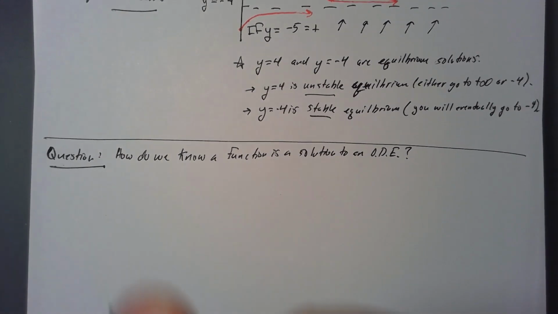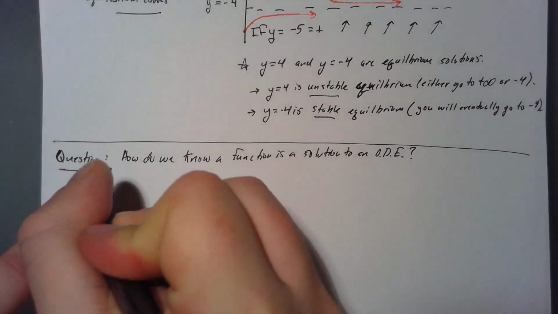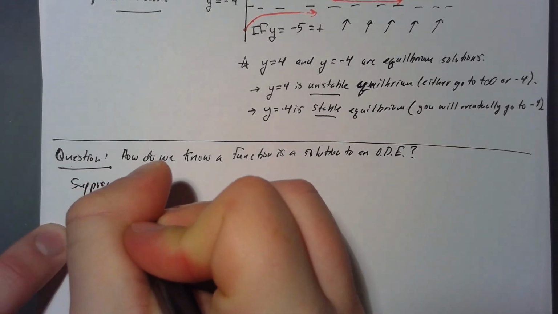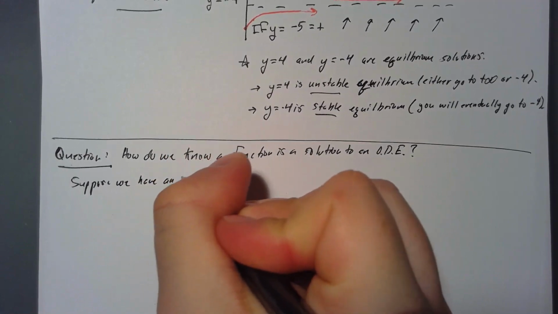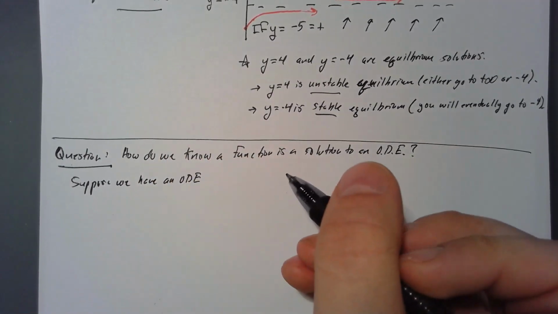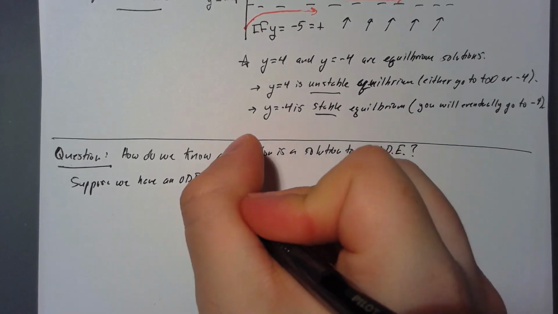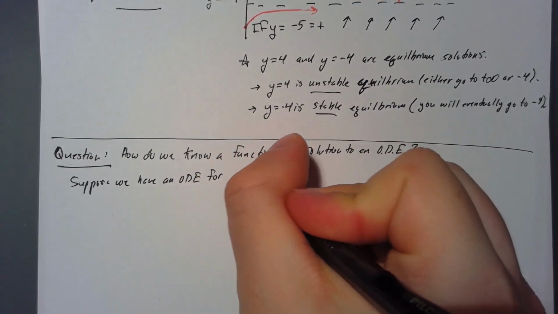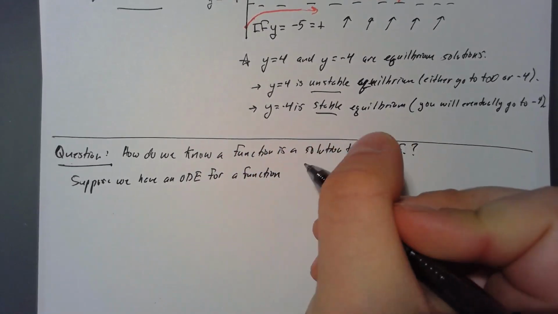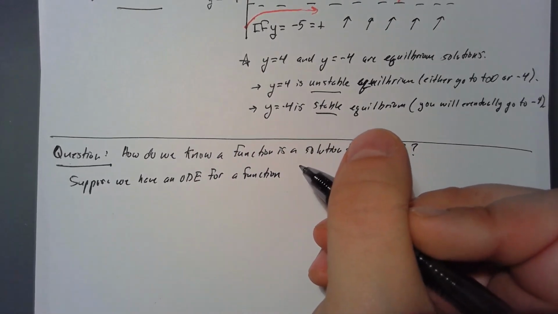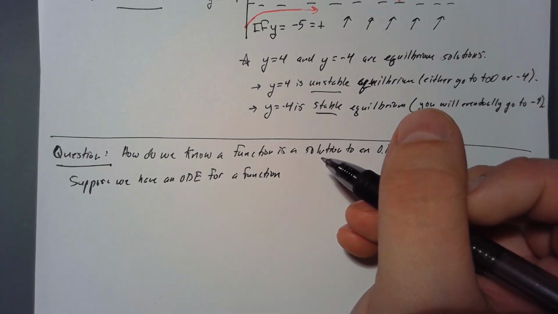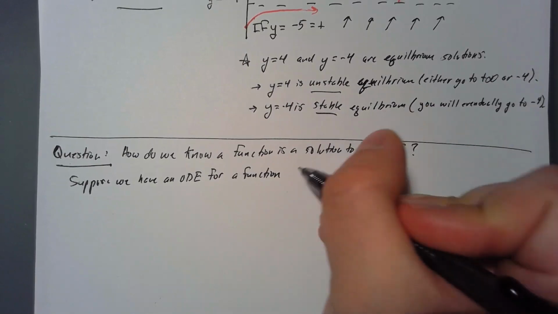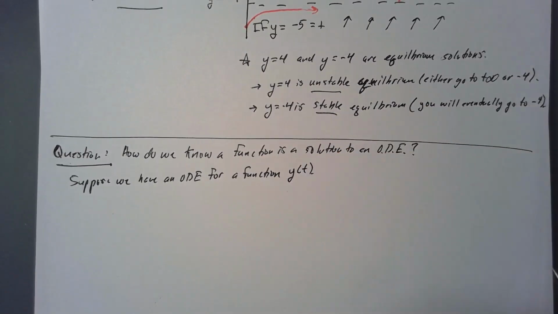So, suppose we have an ODE for a function. I'm going to write this as y is a function of t.